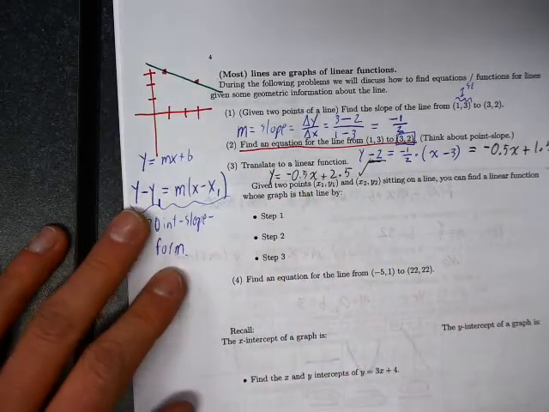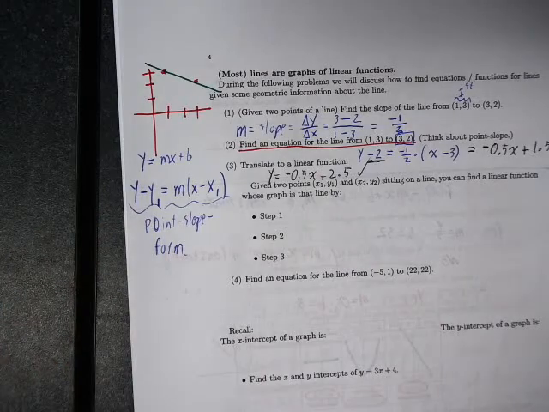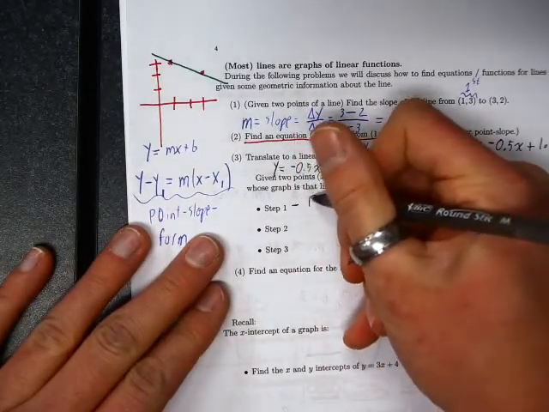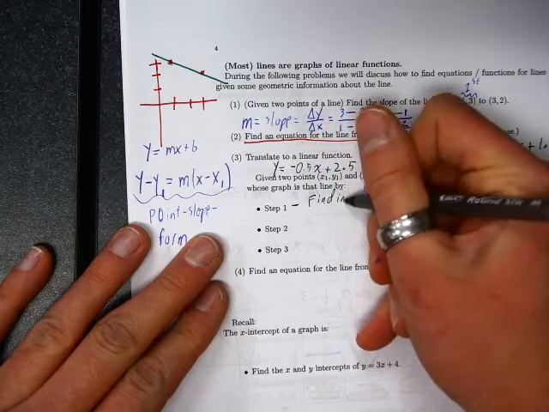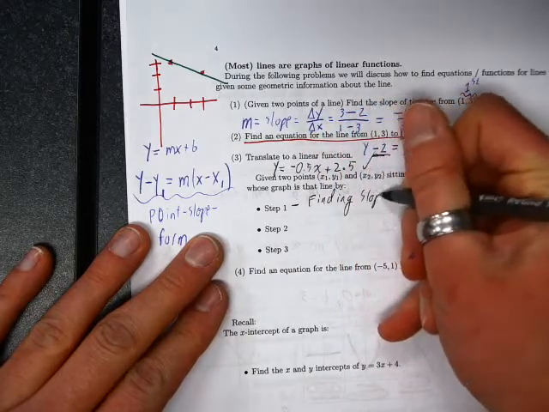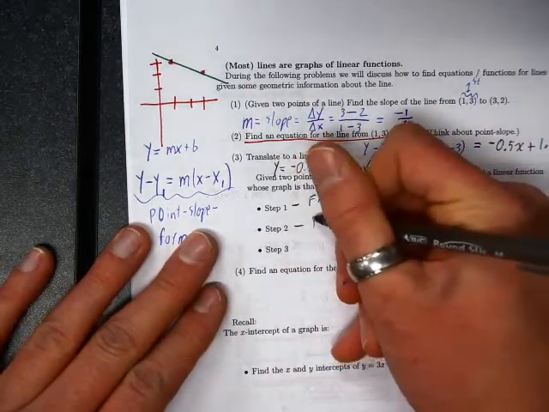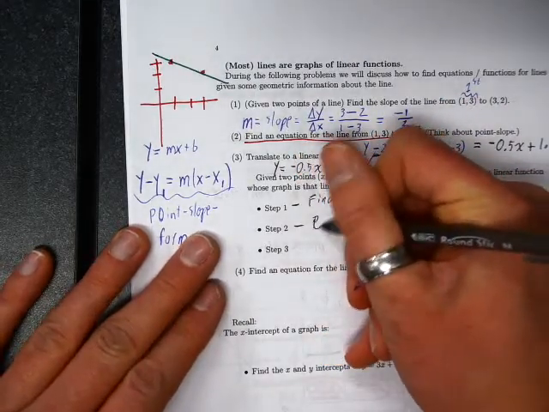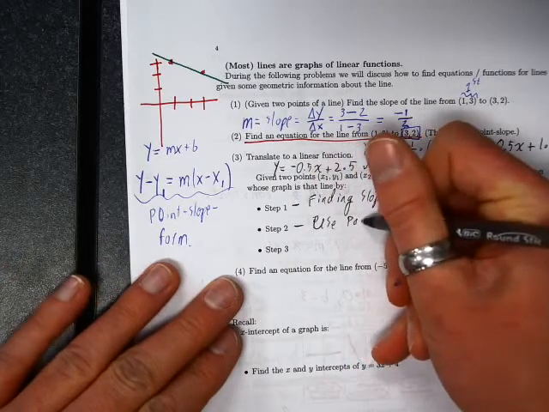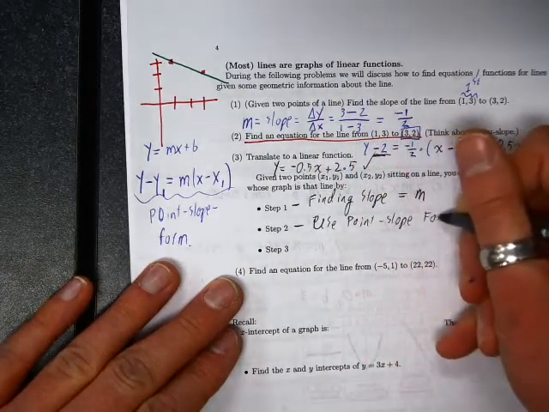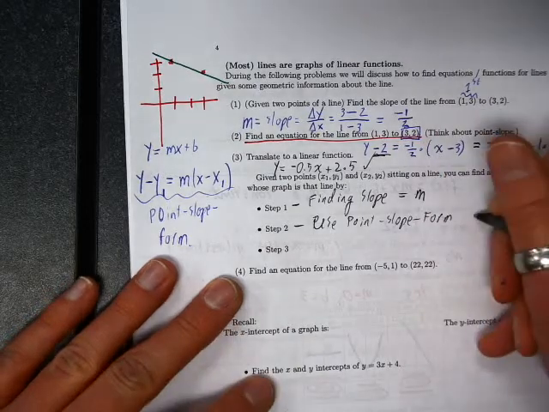In general, whenever you have 2 points on a line, you can find a linear function whose graph is that line by first finding the slope, which is just m. Step 2, use point-slope form to get an equation.